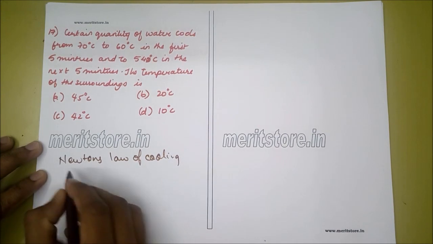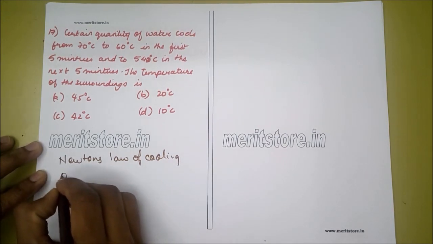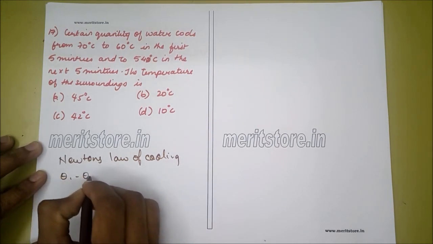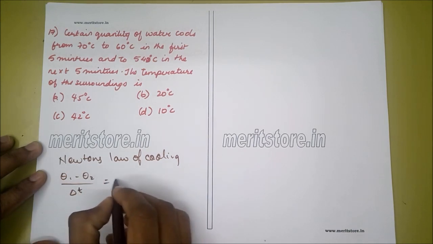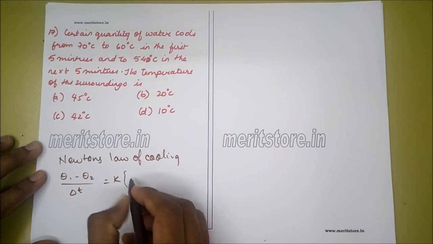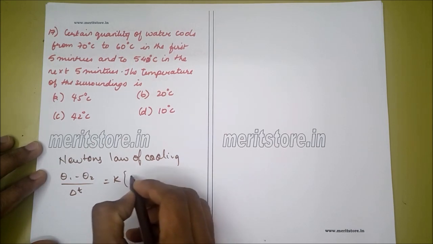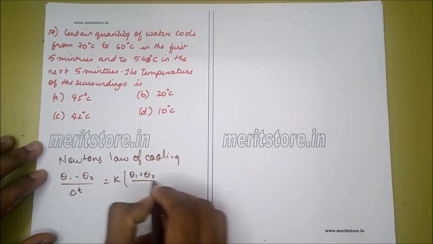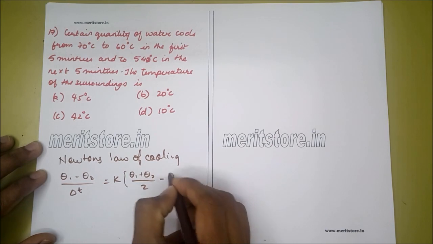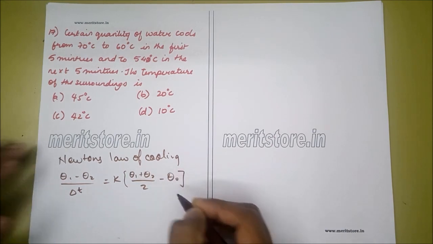Newton's law of cooling basically says that the change in temperature, theta1 minus theta2, per unit change in time is equal to K, Newton's cooling constant, times the average temperature between the two states, that is theta1 plus theta2 upon 2, minus the temperature of the surrounding, that is theta naught.